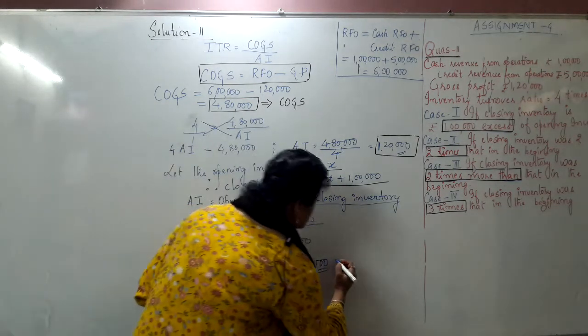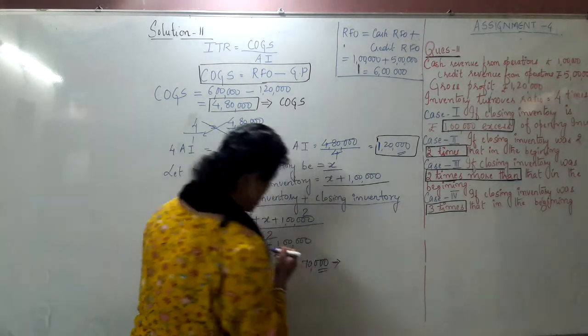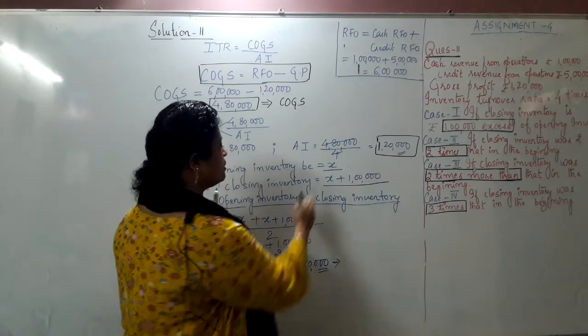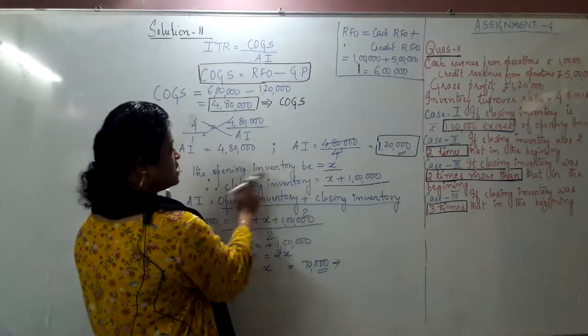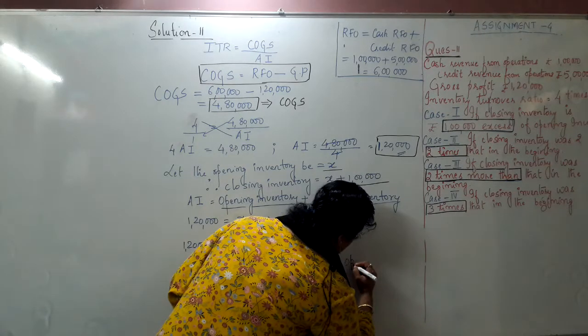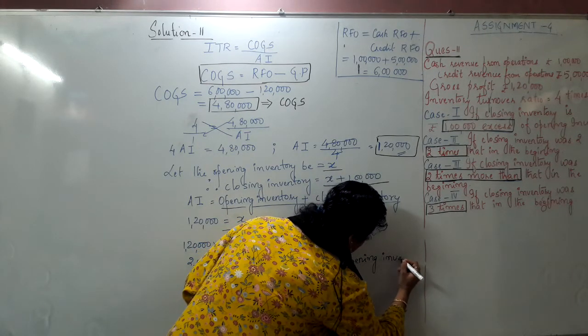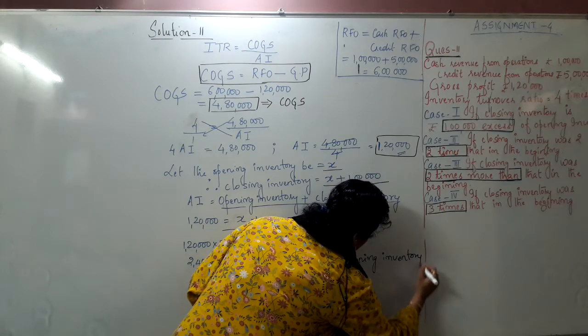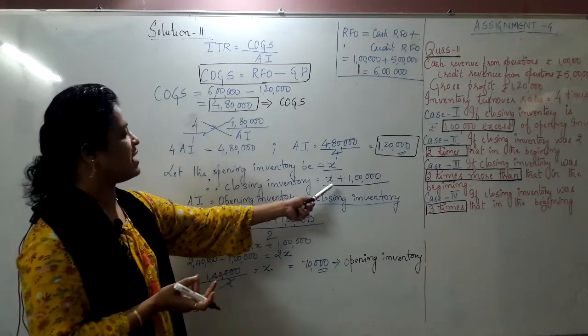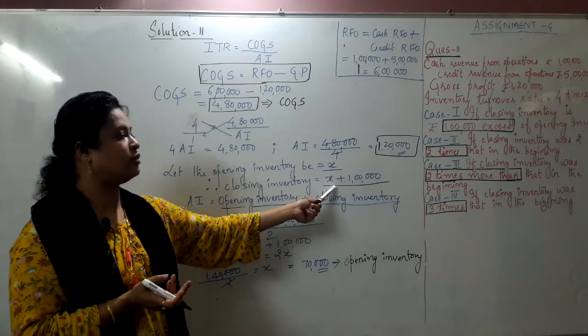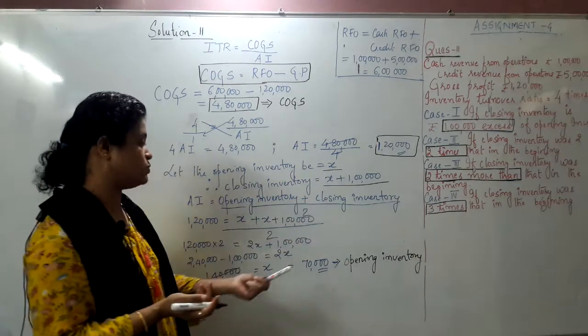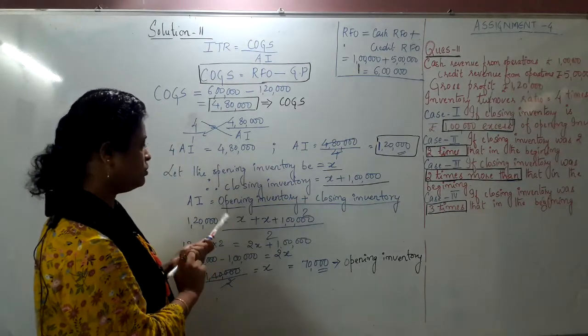This 70,000 is our x value, that is our opening inventory. Now if we substitute the same value here, we can get the value of the closing inventory as well. Pretty simple, isn't it?